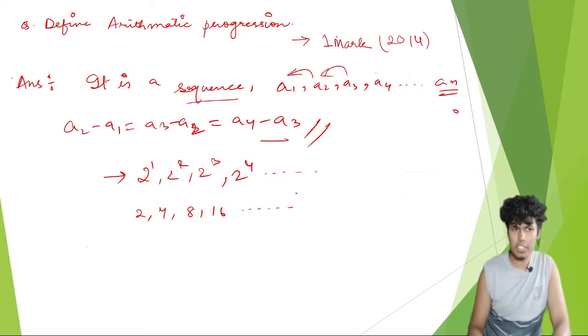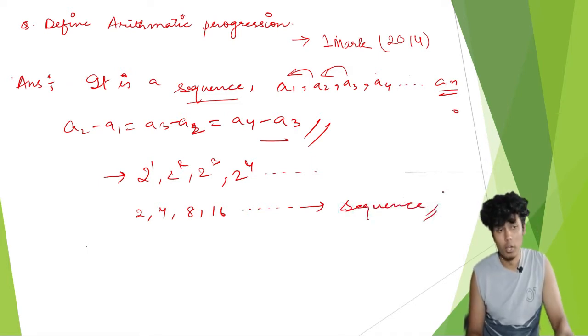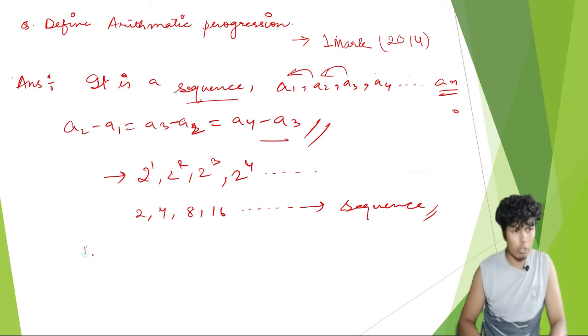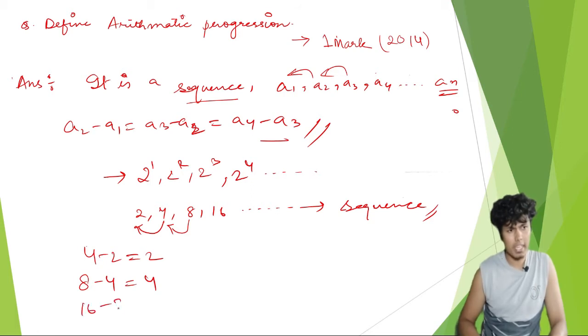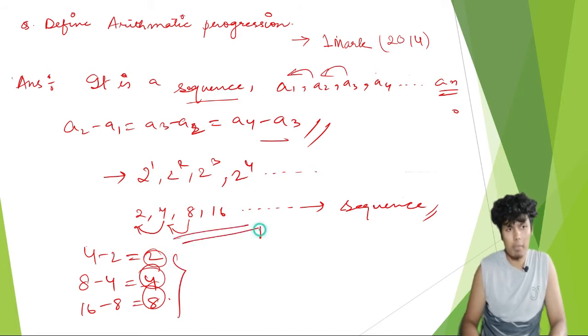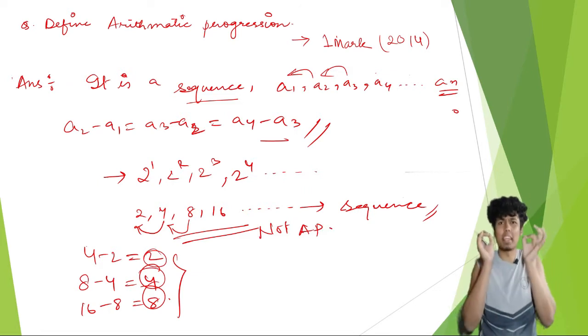This is a sequence, no doubt, but let us check whether this is an AP or not. 4 minus 2 is 2, second term minus first term, third minus second is 8 minus 4, which is 4. Now 16 minus 8 is 8 again. So all these are not equal, so this is not an AP. This is a sequence but not an AP. I hope it is clear to you. I'm not making it much complicated.